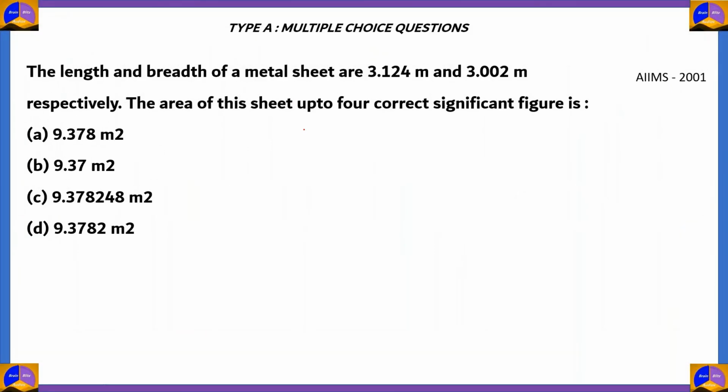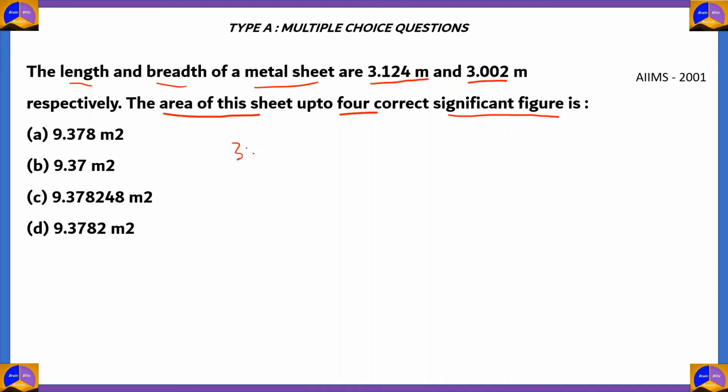Now we have our final question. The length and breadth of a metal sheet are 3.124 meters and 3.002 meters, respectively. The area of this sheet up to 4 correct significant figures is 9.378, 9.37, 9.378248, or 9.3782 meters square.